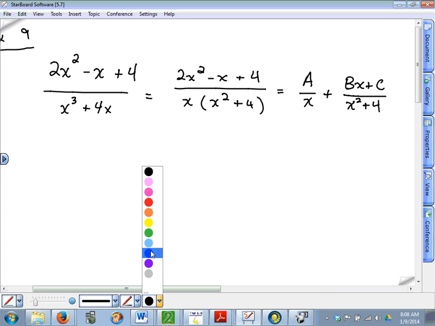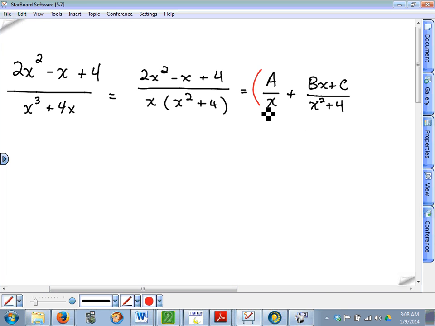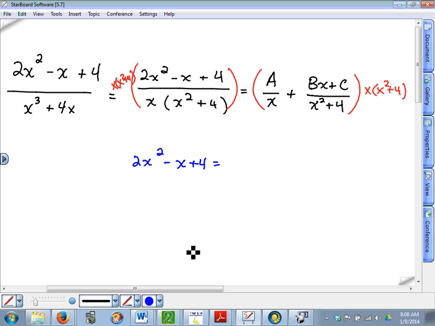Now we multiply both sides by the lowest common denominator, which is x times x squared plus 4. On the left side, all that does is reduce the denominator, so you have the numerator, 2x squared minus x plus 4.